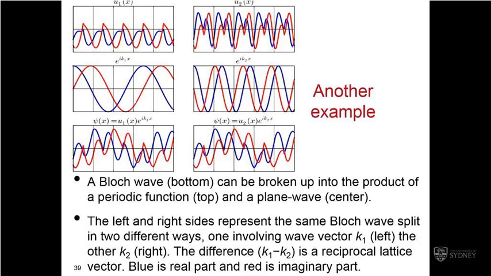This result was obtained by multiplying the plane wave of this form with this periodic function, and this has two different kinds of functions, but when you multiply them up, you still get that. So they're not necessarily unique. The important thing is that the wave function of your electron in a crystal can be written as a plane wave multiplied by a periodic function. That's the main point.